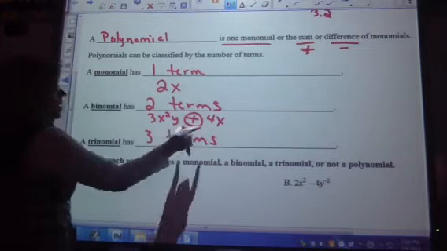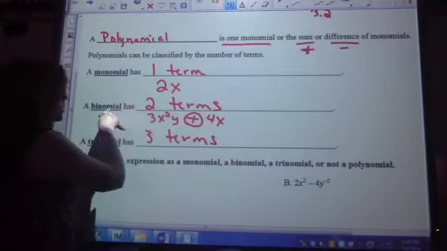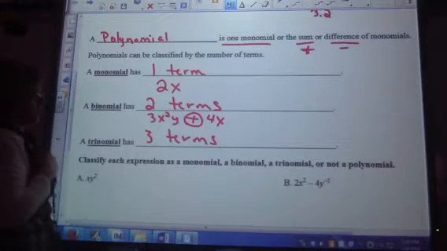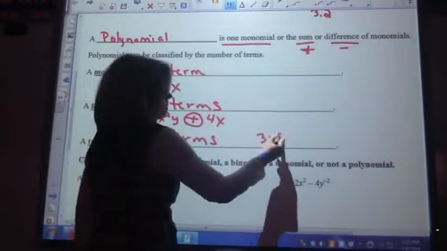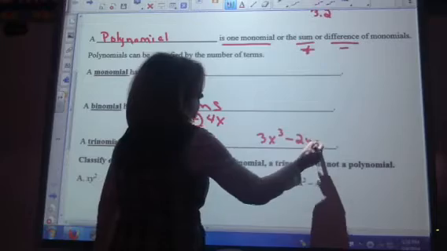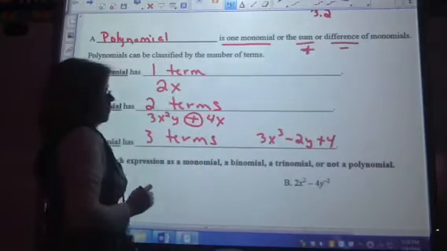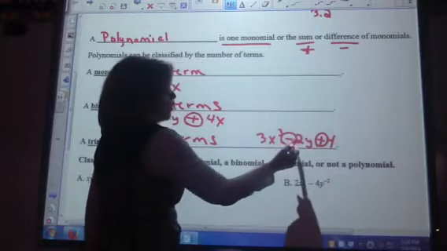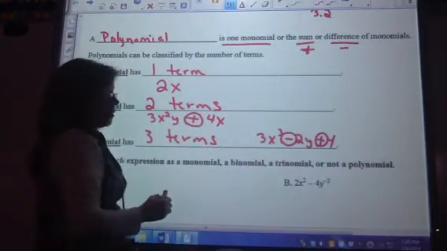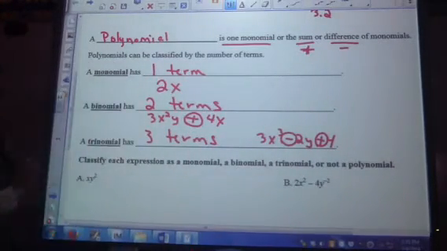This addition sign separates the 2 monomials, which makes it a binomial, 2 terms. And then an example of a trinomial could be, so we have this subtraction and this addition separating the 3 monomials, which makes this a trinomial.